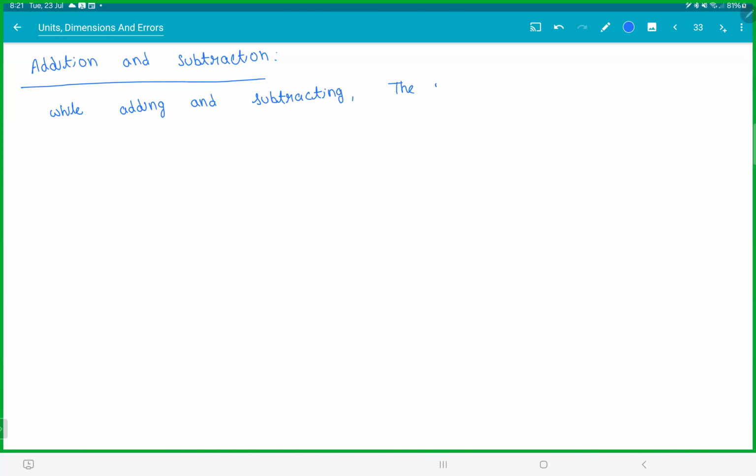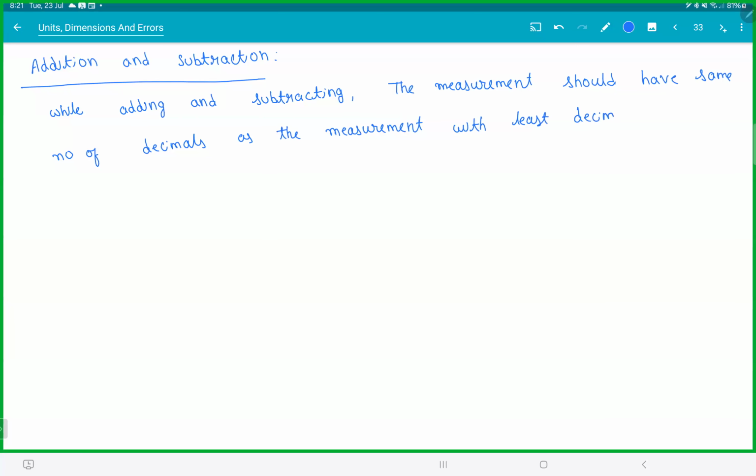Meaning the measurement should have the same number of decimals as the measurement with the least number of decimals. Again, let me show an example.